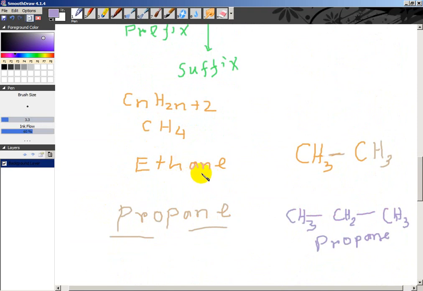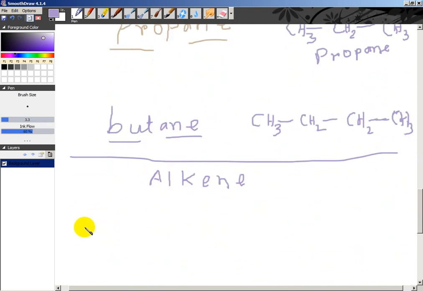In ethane, the ane is replaced by ene, and it becomes ethene.